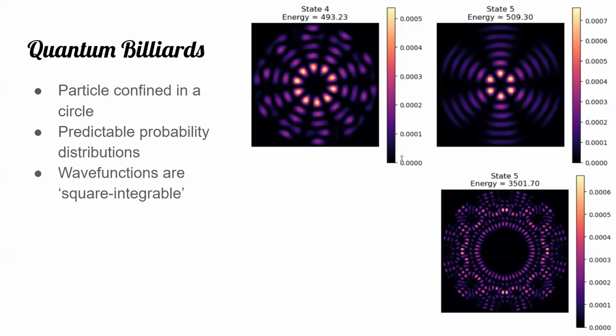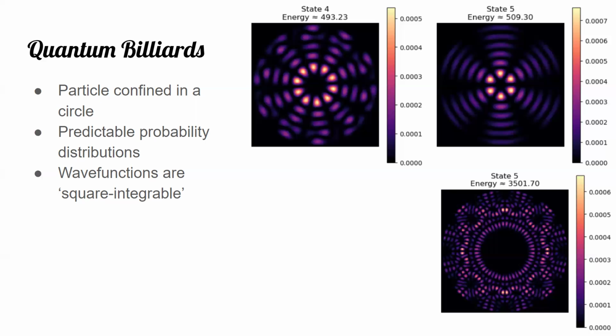You get some really interesting distributions for sure, but they're all what's called regular probability distributions. You don't have to run it in a computer to figure out what the probability distribution would be. That makes sense because our classical analog is regular as well. So our quantum analog is also regular.